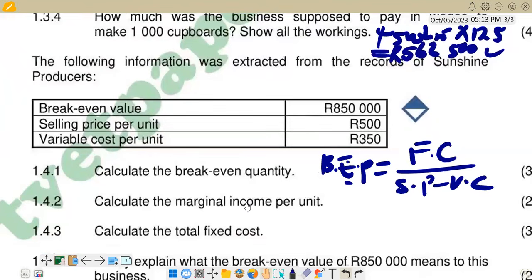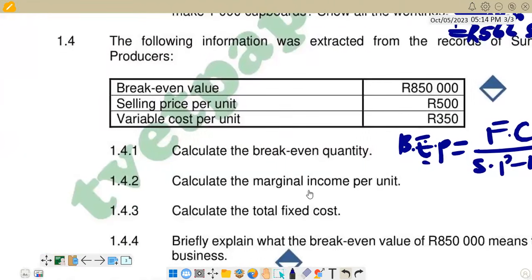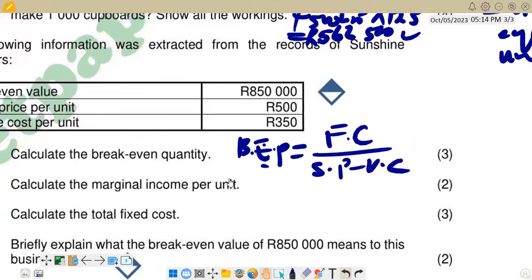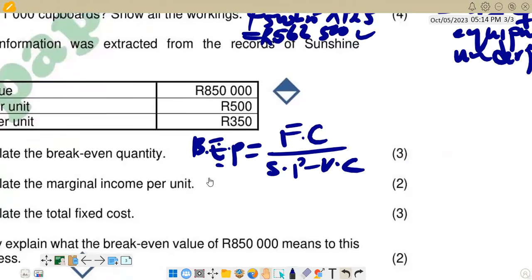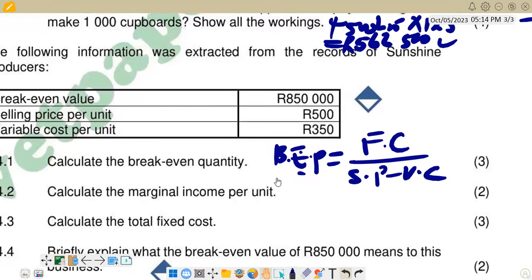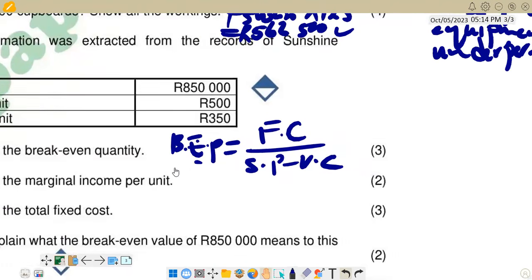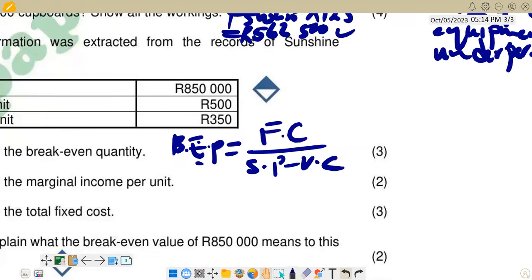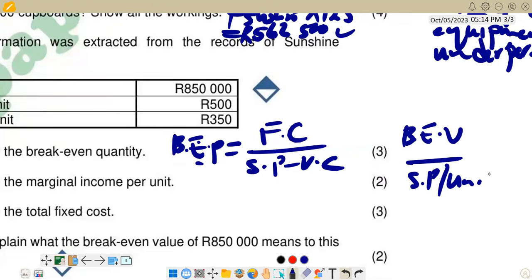Let's try to find another formula that we can use there. We can use another formula which says the break-even value divided by selling price per unit.